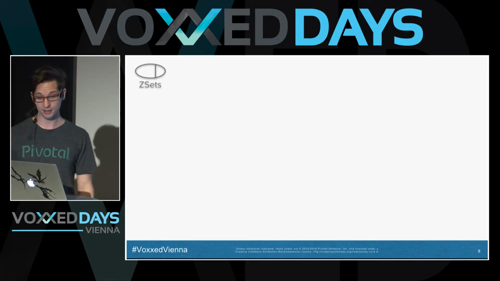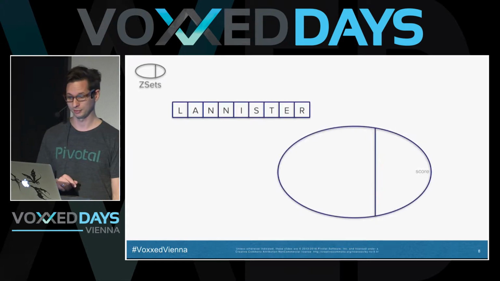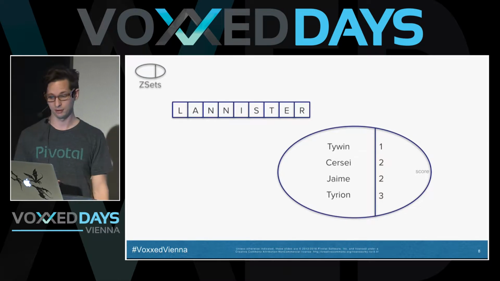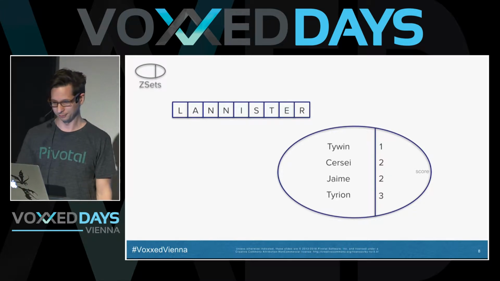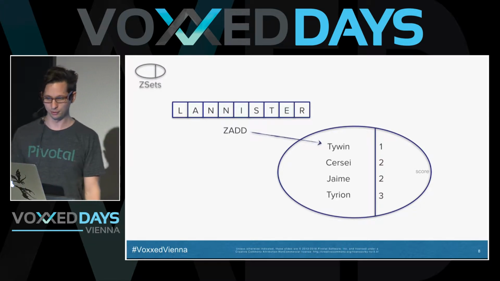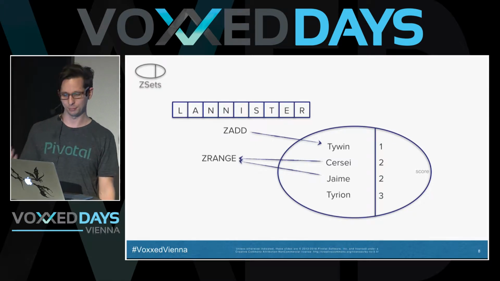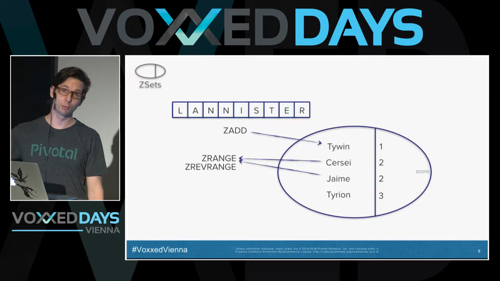We got sorted sets in Redis, calling zsets. And yeah, taking again the Lannisters, sorting them by, let's say, age in ascending order. We got Tywin, Cersei, Jaime, Tyrion, and we can add something to the set, calling the zadd command. We can get a range out of it. We can reverse the range we want to get out of it.